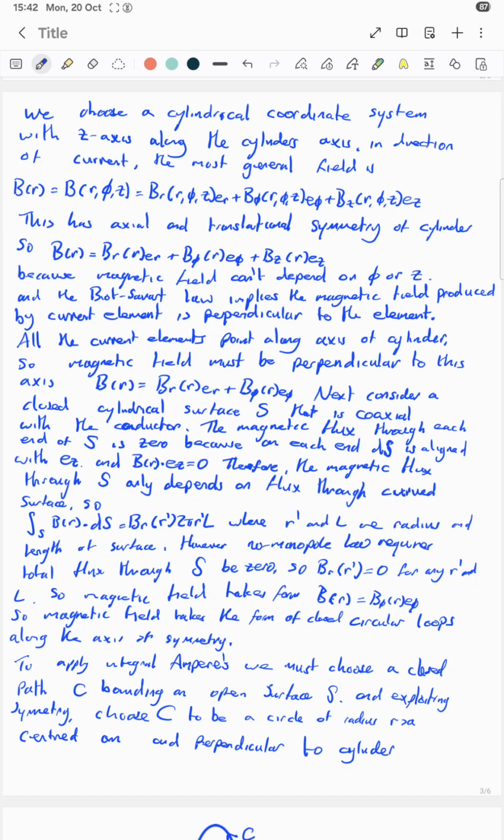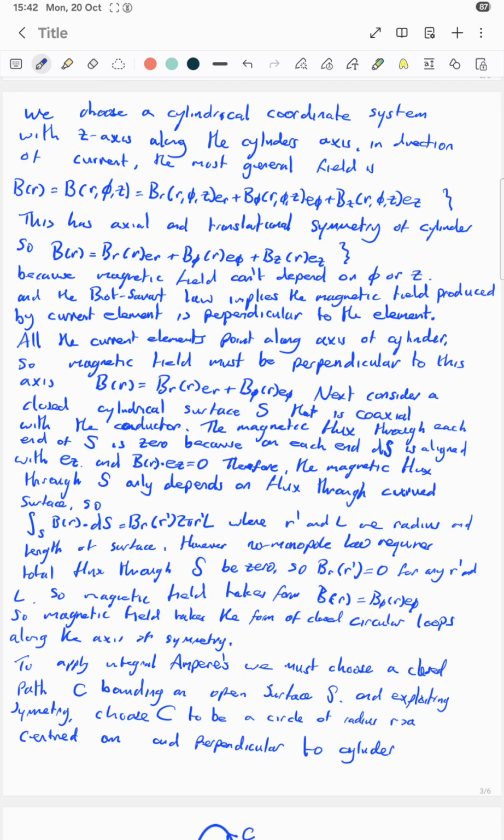The most general field is given here. This has axial and translational symmetry of the cylinder, so it further reduces here as it's only dependent on the radial part. Right, because the magnetic field can't depend on phi or z, and the Biot-Savart law implies that the magnetic field produced by a current element is perpendicular to the element.